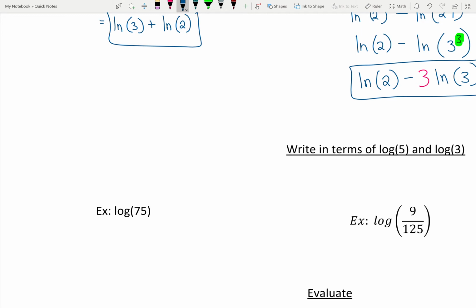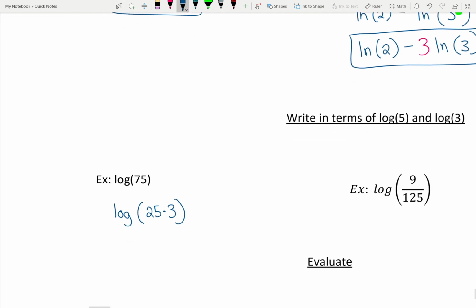However, I do know I can make a 3 pop up inside, because I do know that log of 25 times 3 equals log of 75, because 25 times 3 is equal to 75, so I can rewrite the above statement like this.